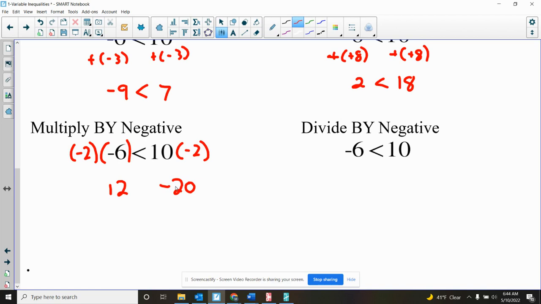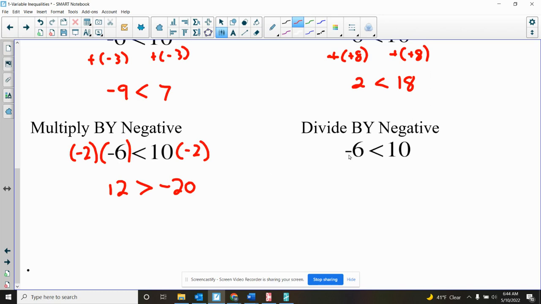To make this statement true, I now need to say, okay, 12 is actually bigger than -20. And notice, to keep the statement true, the direction of the inequality had to change. It has to do with the fact that negative means you're taking an opposite. So when you multiply or divide by a negative, you're making things opposite of what they used to be. That changes the direction of that inequality.